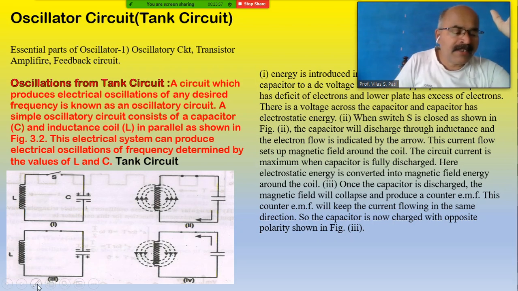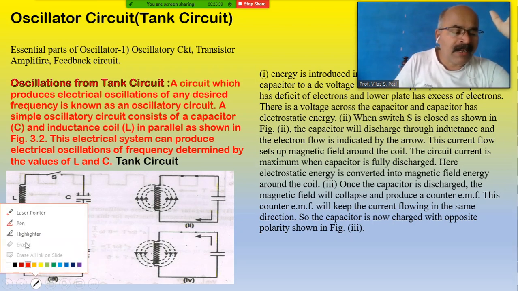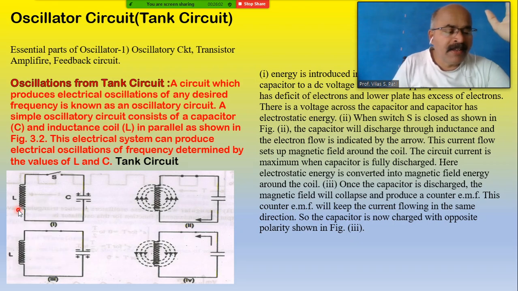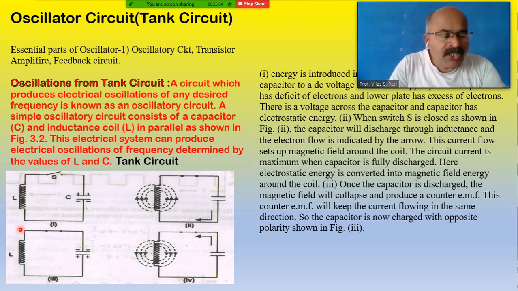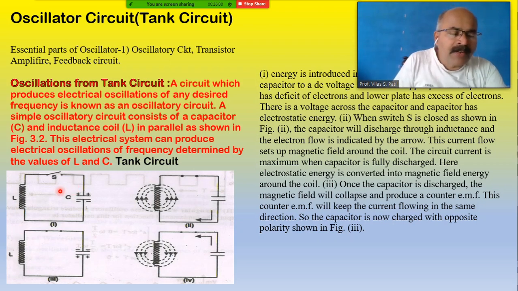And in last lecture, I gave the demonstration of the tank circuit with these four figures. In the first figure, inductance and a charged capacitor are placed in parallel and a switch is connected in between. Then when the switch is closed, that will be shown in circuit second.